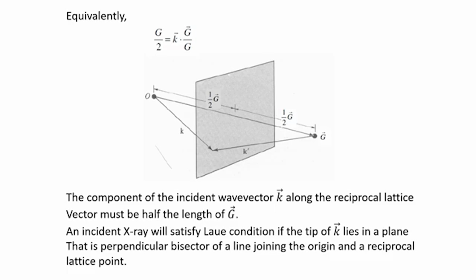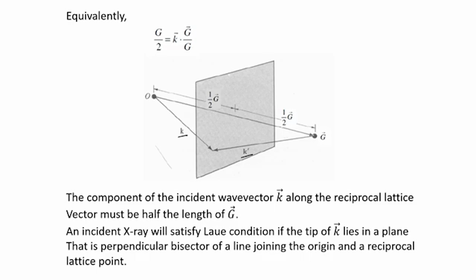Geometrically, one can think of this as, you have a k coming here and a k prime, falling on a crystal plane, and say there is a G connecting from the origin to this point. So, the crystal plane must lie at the perpendicular bisector there, at the middle point, for the scattering to give rise to constructive interference.